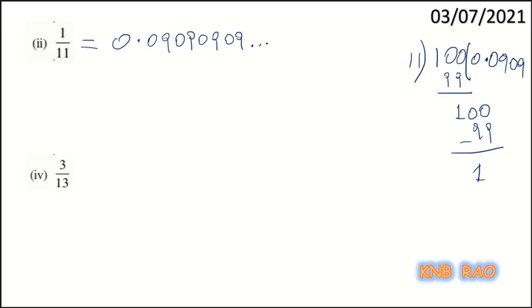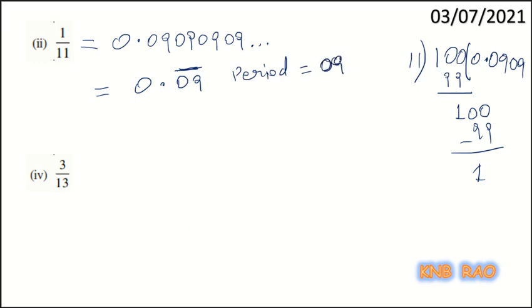0.09090909 and so on. In short, we can write where 09 is repeating in the same order. So, 09 becomes the period. So, 0.09 bar we will write. Here the period is 09.